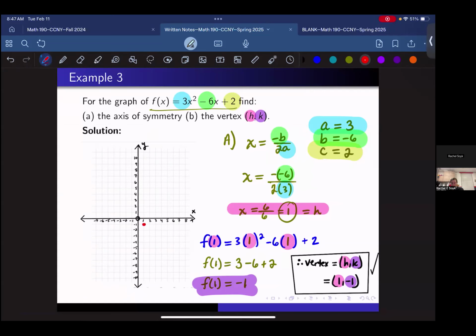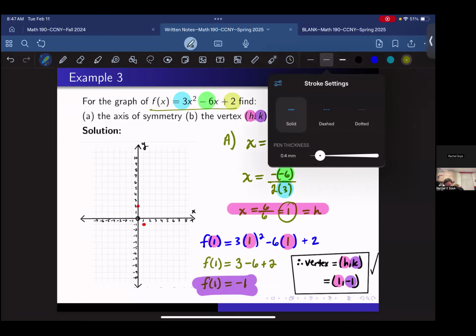Our a value is positive, so it's fanning upwards. And then our y-intercept is when x equals 0, so it's just 0 comma 2. Our axis of symmetry is that x is equal to 1.